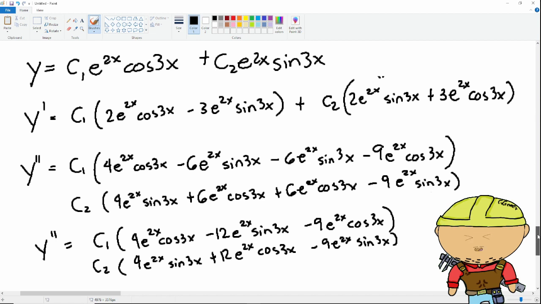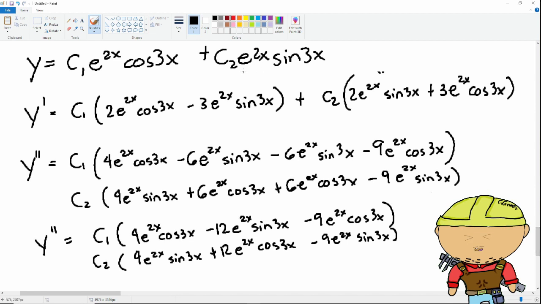So what do I see? I'm seeing the common terms. E to the 2x sine 3x, that's C2. E to the 2x cosine 3x, that's C1.